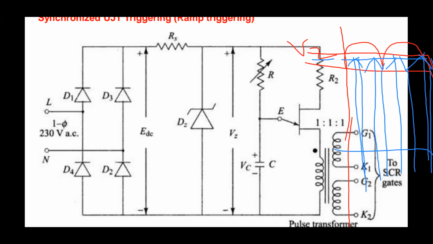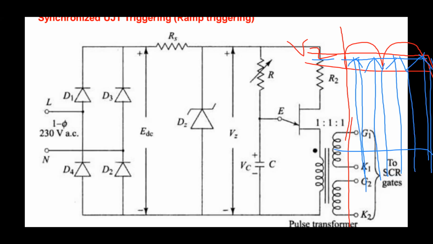Again, when this emitter voltage reaches a certain minimum value, the UJT enters the off state. So this process keeps repeating: charging and discharging, turning off and turning on of the UJT.